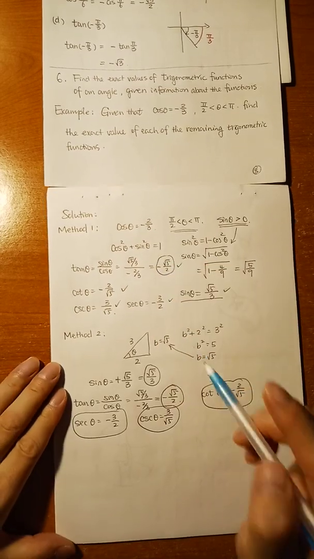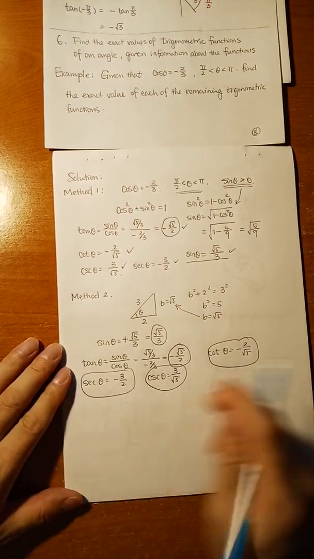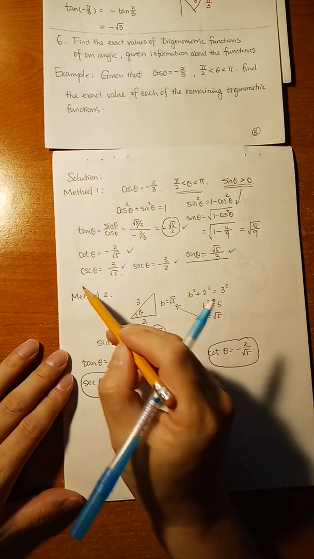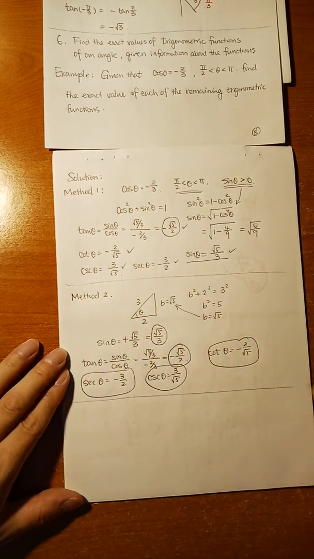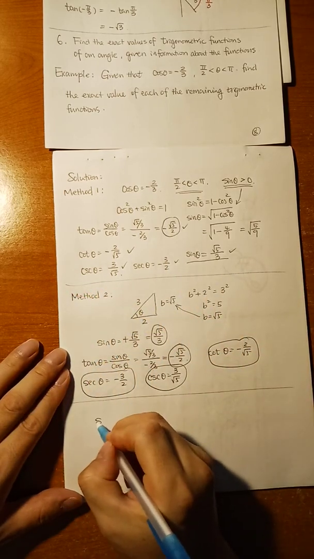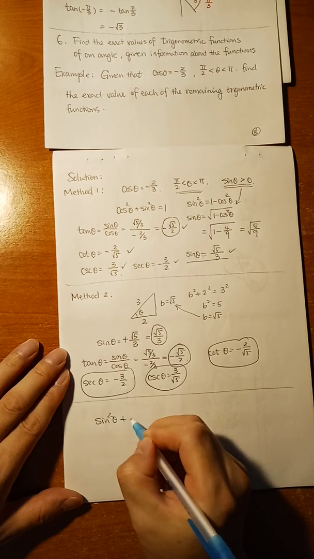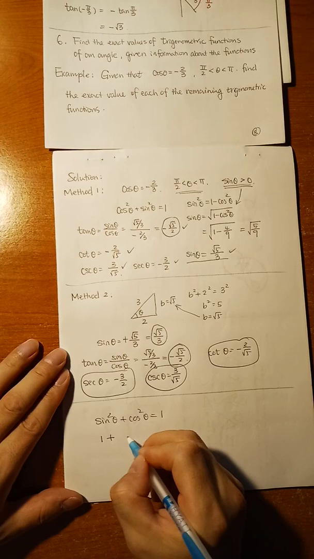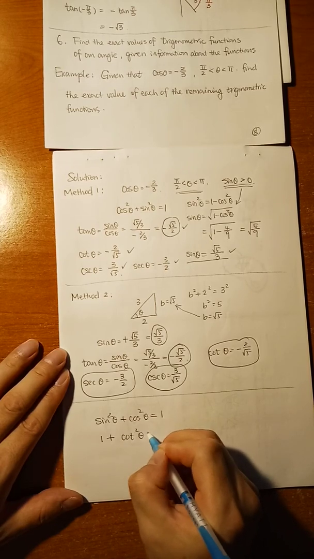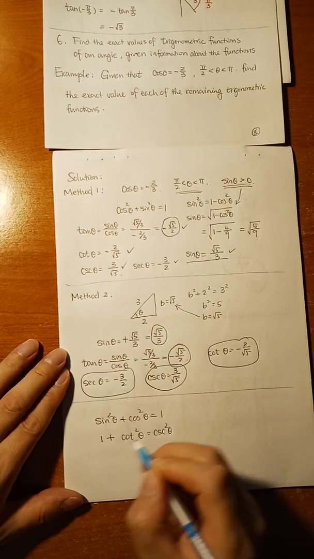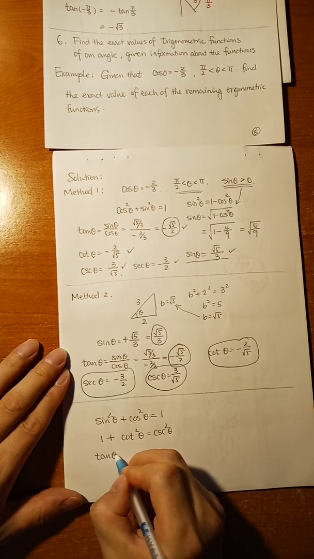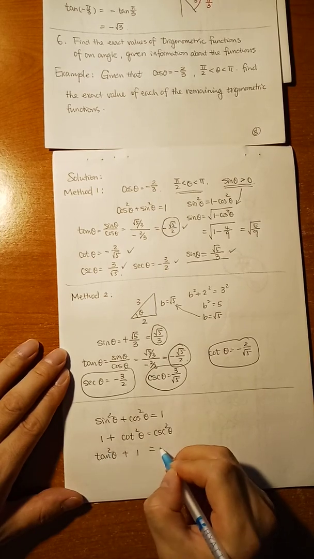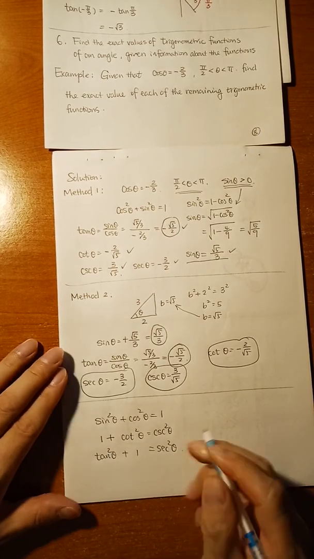And remember, there are 3 equivalent identities. You will have sine theta squared plus cosine theta squared is equal to 1, or you will have 1 plus cotangent theta squared is equal to cosecant theta squared, or you will have tangent theta squared plus 1 is equal to secant theta squared.